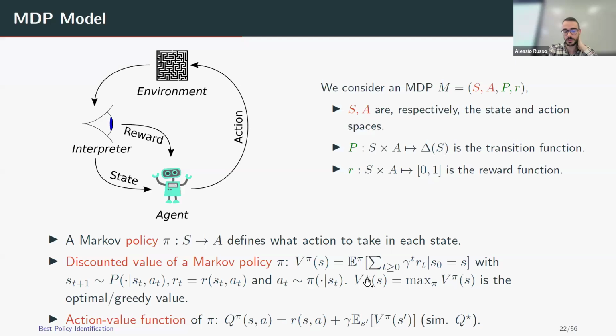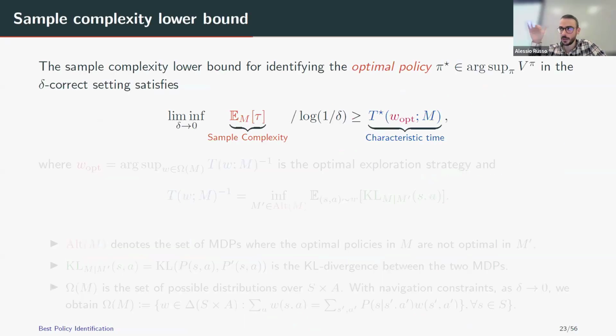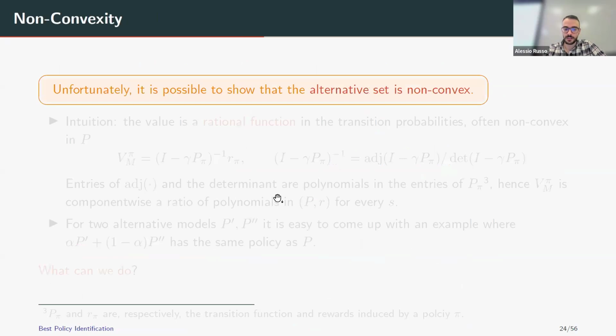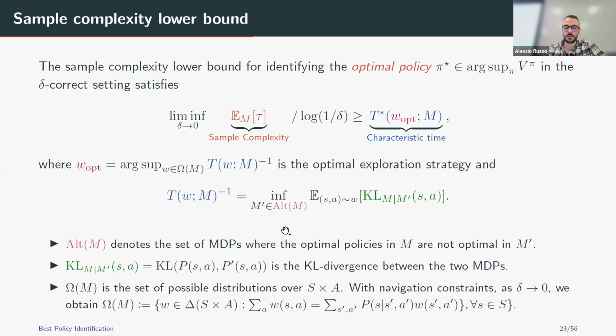We define V star to be the optimal value, so the maximum value we can obtain when we plug in the best optimal policy here. We can define the Q function, the action value function. And so we derived during the lectures also a lower bound for this case. And the problem is that this alternative set of models is in general non-convex.